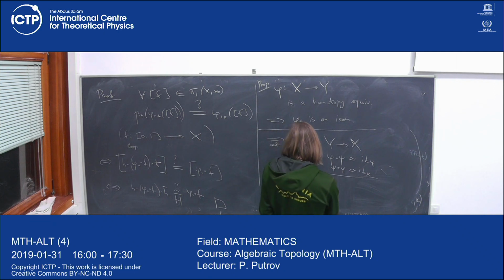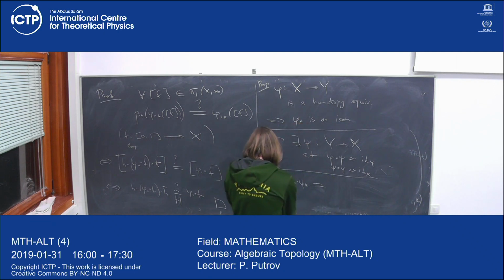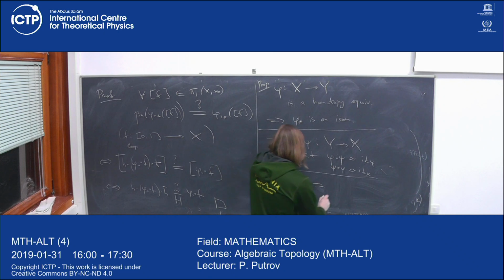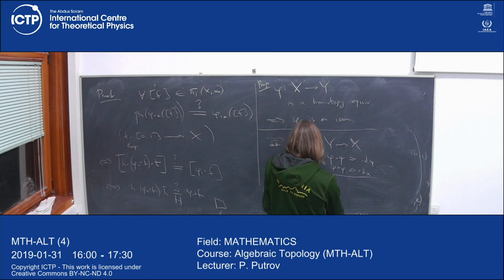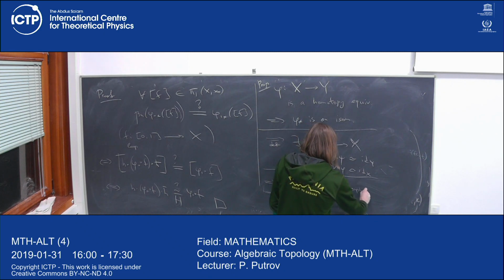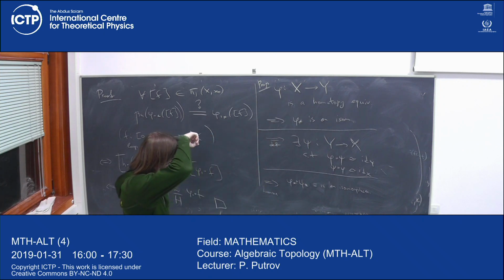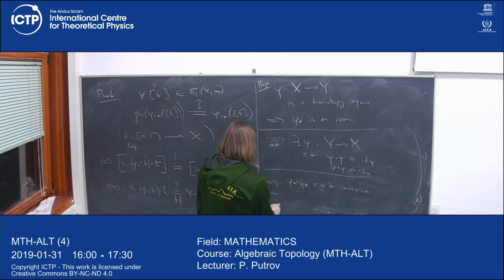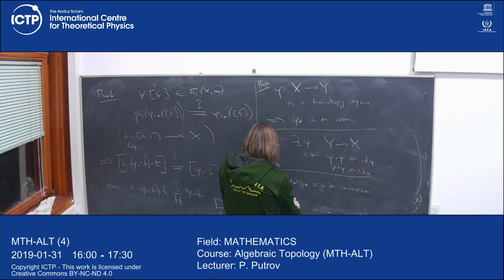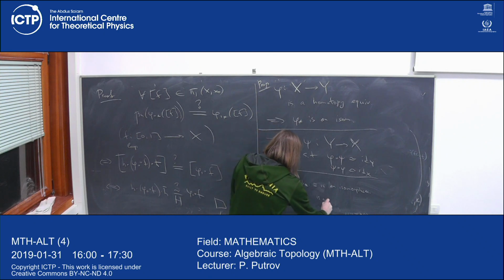So it means that this is an isomorphism. And from the other property, it follows that the composition in the other way is also an isomorphism.